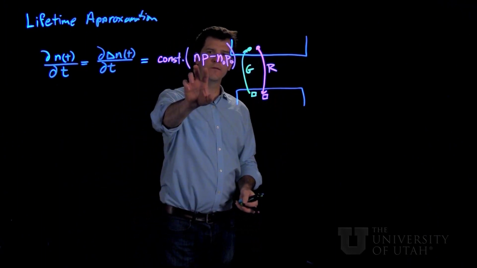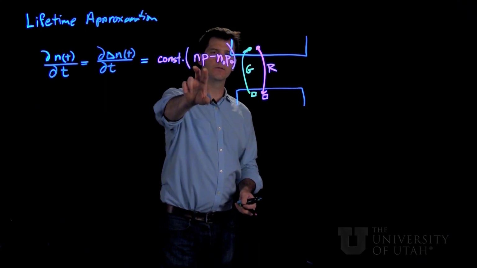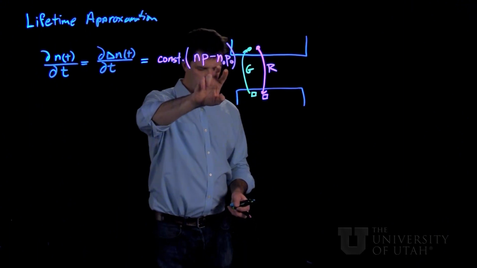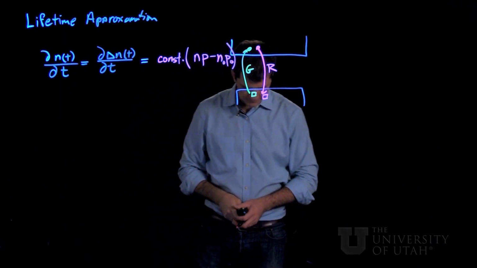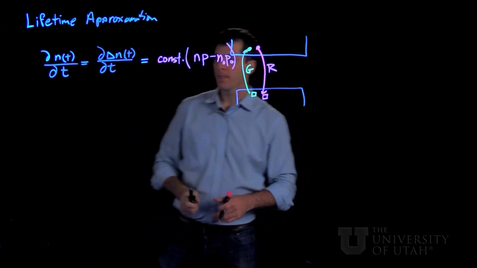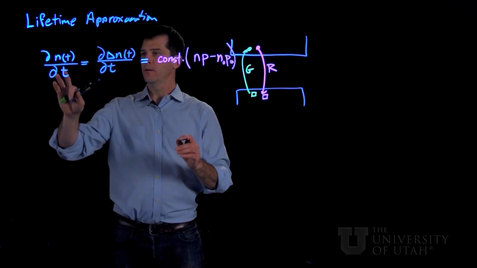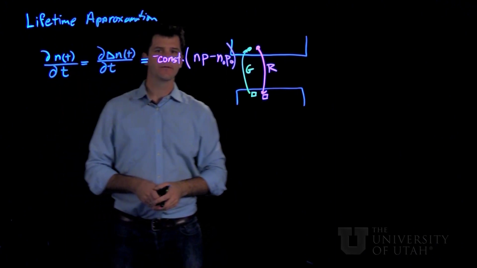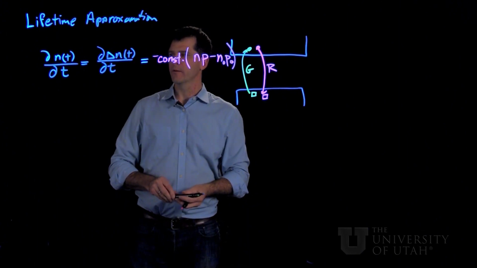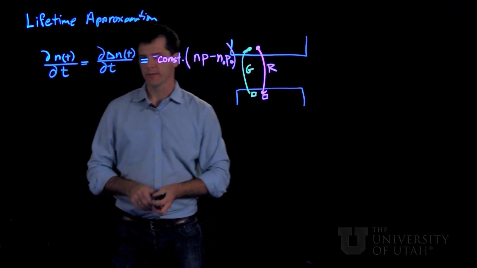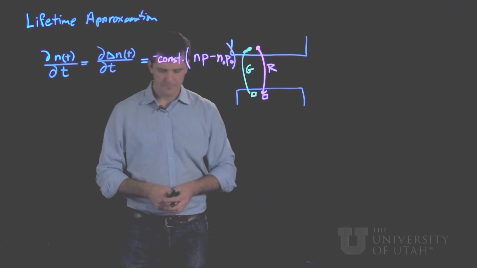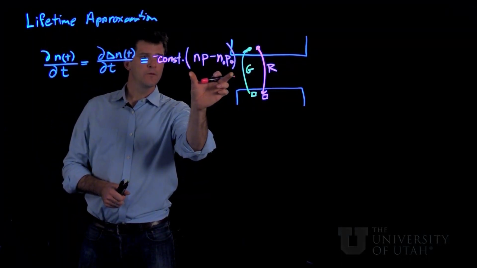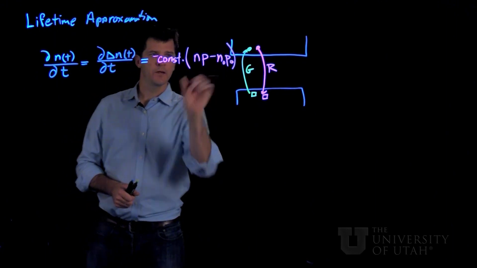So the total carrier concentration will decay back to the equilibrium concentration. And we know that in the proportionality there should be a negative sign here, because the carrier concentration doesn't amplify, it decreases.